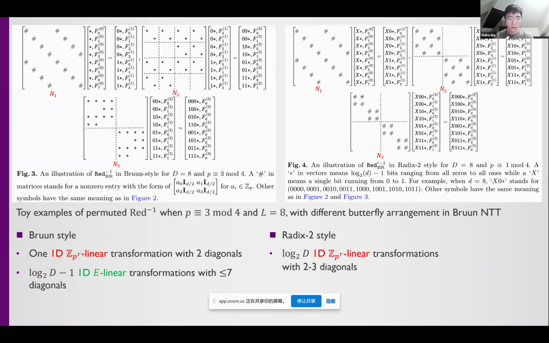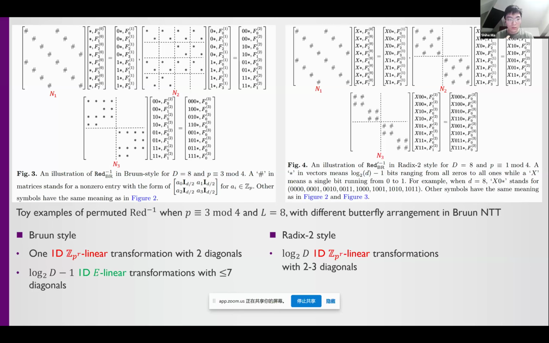And here are two examples of the NTT matrices when p equals 3 modulo 4 with 8 slots. Since we use the Bluestein NTT here, each NTT butterfly will be a combination of 4 elements instead of 2. So we can arrange the butterfly in 2 different styles. In the first style, we call it the Bluestein style.